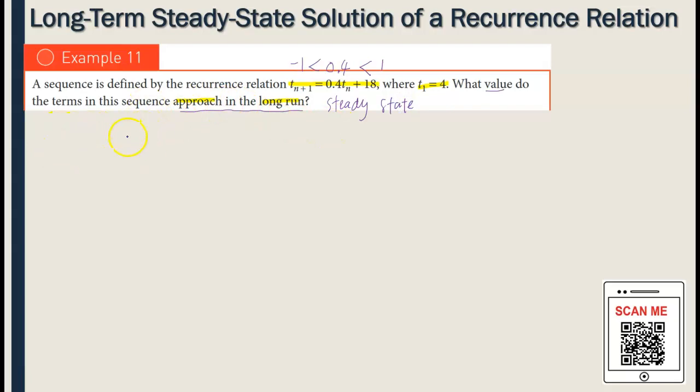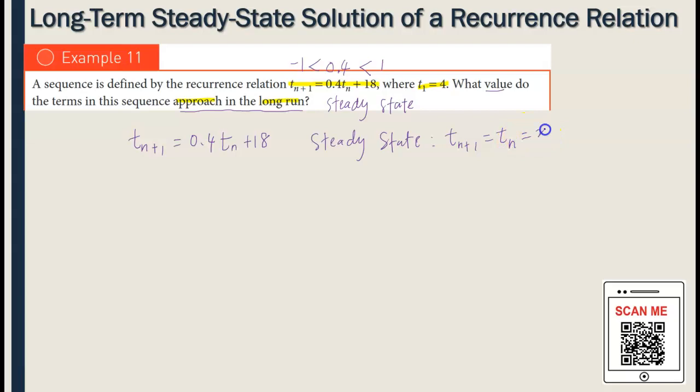Now let's look at the question here. You have Tn plus 1 equals 0.4 Tn plus 18. When it's approaching steady state, what will be the condition? As you have seen in the previous slide, the term Tn plus 1 becomes the same as Tn.